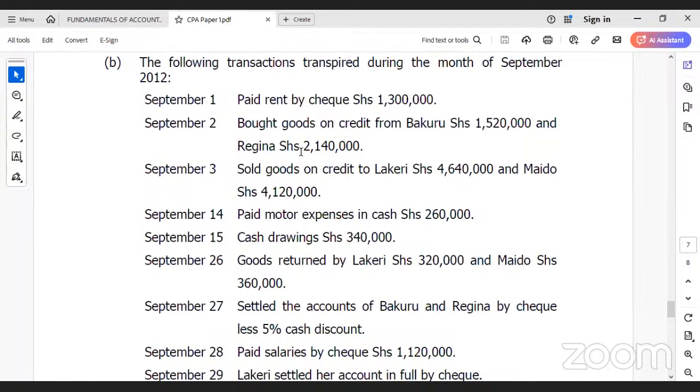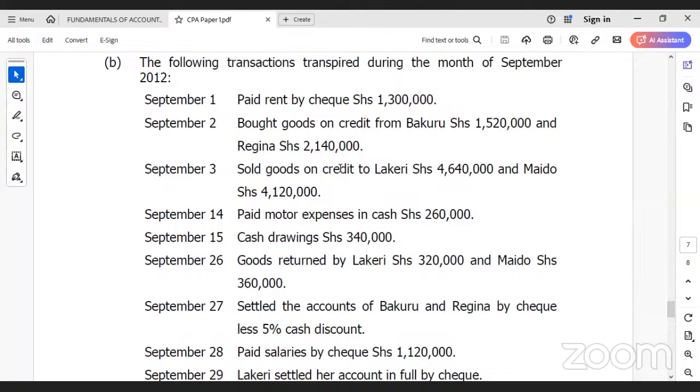Okay, part B. What do we have in part B of the question? The following transactions transpired during the month of September 2012. September 1st, paid rent by check, shillings 1.3. September 2nd, bought goods on credit from Bakuru, shillings 1,520,000, and Regina, shillings 2,140,000.